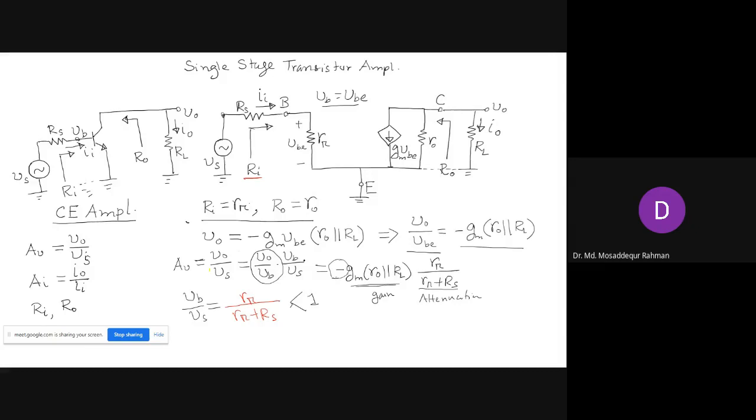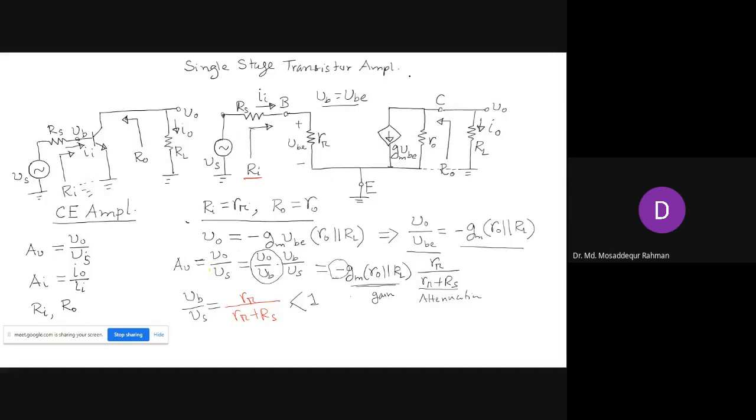Yes, sir. Okay, so then we have determined the voltage gain and now the current gain, right? So what is the current gain? Of course, as I said, I naught is a part of this GM VB.